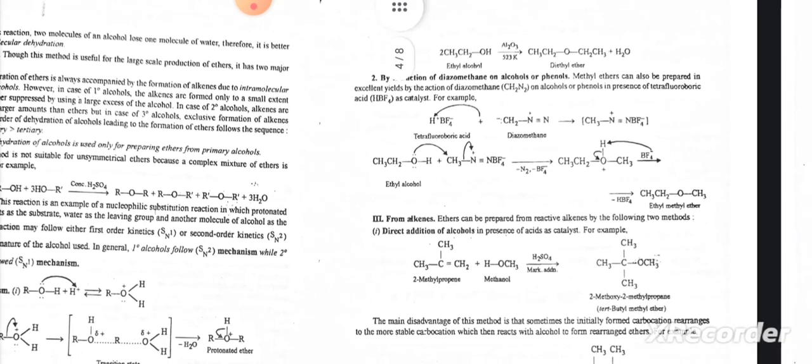By the action of diazomethane on alcohols or phenols: methyl ethers can also be prepared in excellent yield by the action of diazomethane on alcohols or phenols in presence of tetrafluoroboric acid. As given, ethyl alcohol, when treated with diazomethane in the presence of tetrafluoroboric acid, gives the ether on further reaction.